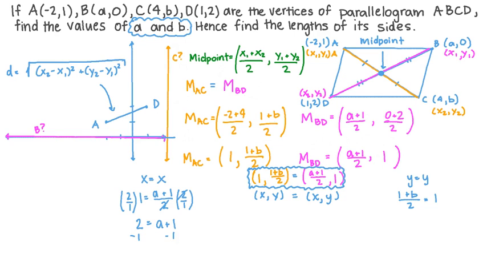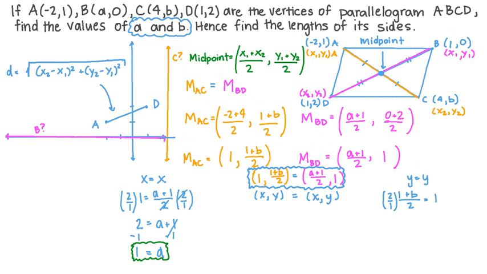From there, I subtract 1 on both sides. 2 minus 1 is 1. On the right, the 1's cancel out, and we find that a equals 1. Because we know that a equals 1, we find out that our B coordinate is located at point (1, 0).